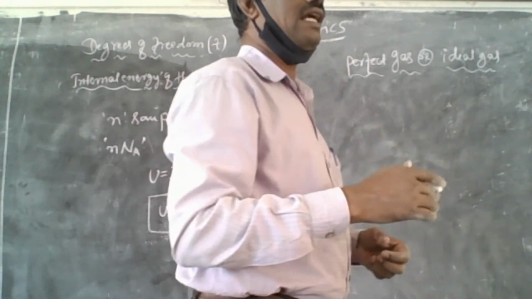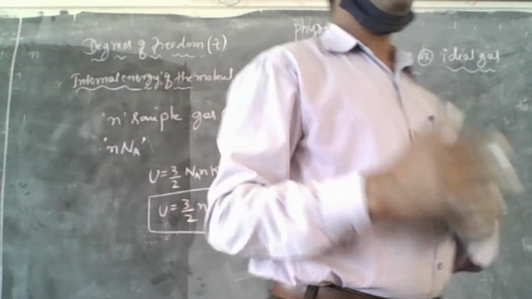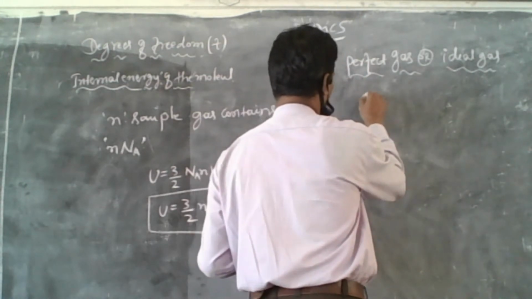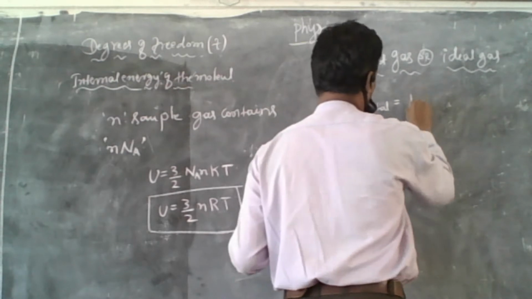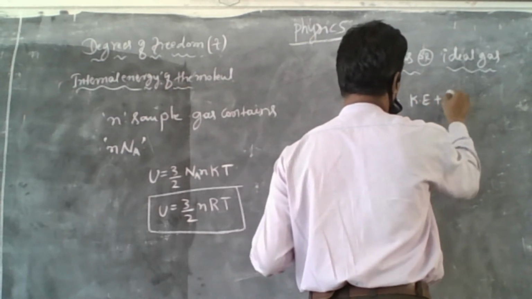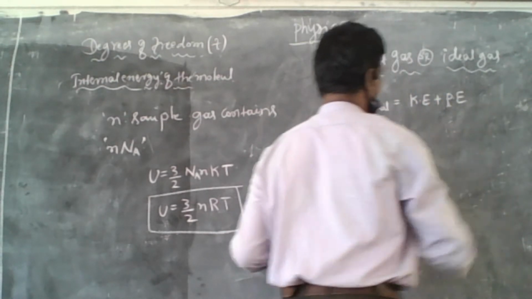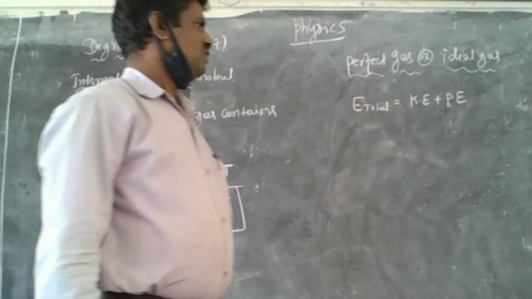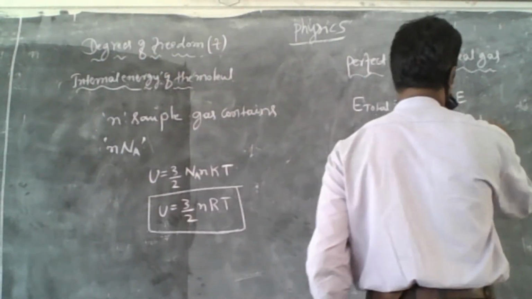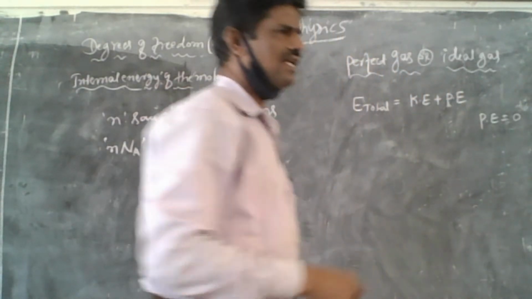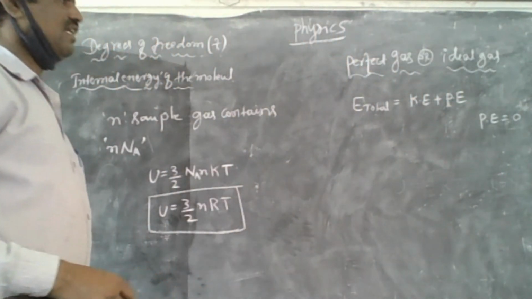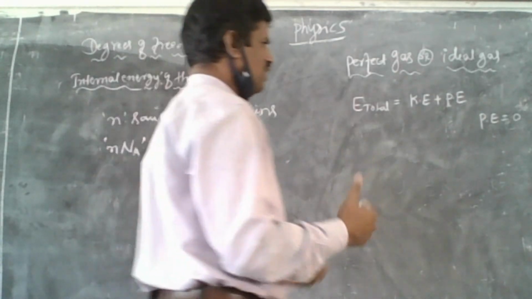Therefore, the total energy of the molecule is given by E total equals kinetic energy plus potential energy. Here the potential energy is equal to 0 because there is no exertion of forces on the molecules.